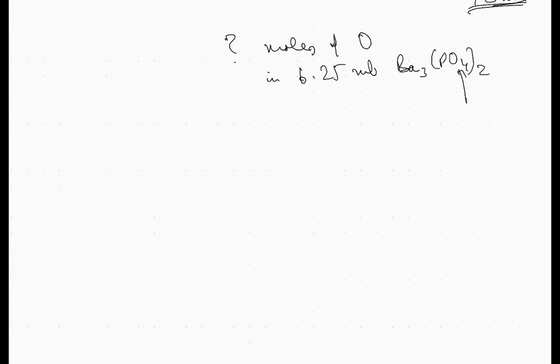We have 8 moles in 1 mole. 1 mole of this gives 8 moles. So then 6.25 multiplied by 8. Still not confused on that? So this is 8 oxygen. I'll write it like that. So you just multiply 6.25 times 8.